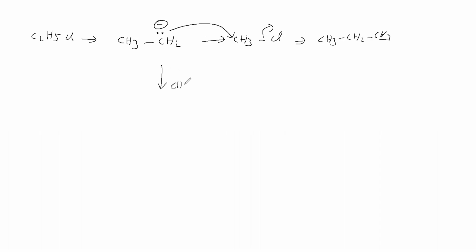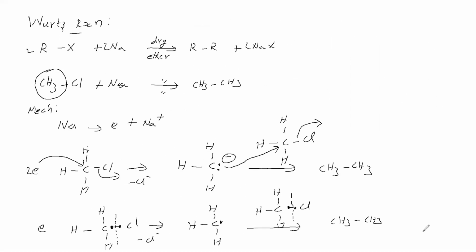It may attack another ethyl chloride, and C minus attacks the carbon carrying chlorine, giving n-butane. So if you take two different alkyl halides in Woods reaction, you will get a mixture of products.